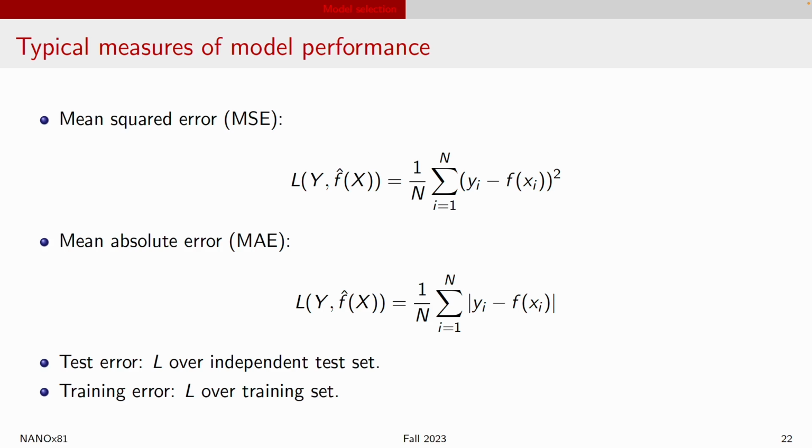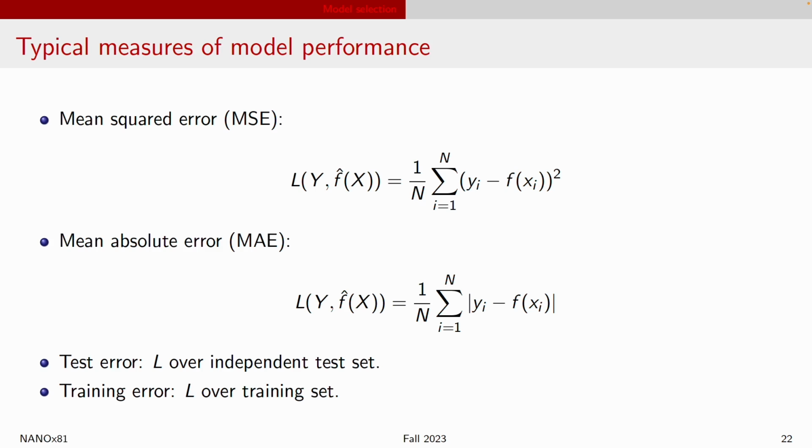We have already seen the mean square error. The mean square error is basically the error of your observations minus the predicted value, squared, and then you sum all the squares, okay? The mean absolute error is a little bit similar to the mean square error. However, instead of squaring this difference, you just take the absolute value of your observations versus the predictions, and then you sum all the absolute values, okay?